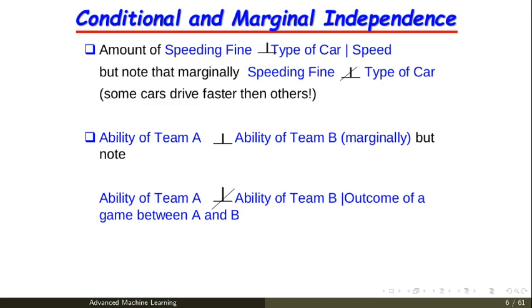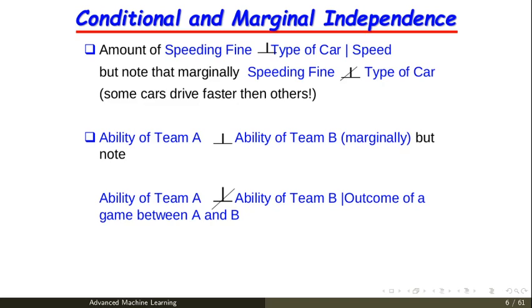Okay, but if you do this marginally, the speeding fine is not independent of the type of the car. I mean, if you drive a sports car, you have the tendency to drive faster. This forms a trivial argument, but in the context of directed graphical models it is very essential, because you will define the causal relations and independent relations which you can postulate.